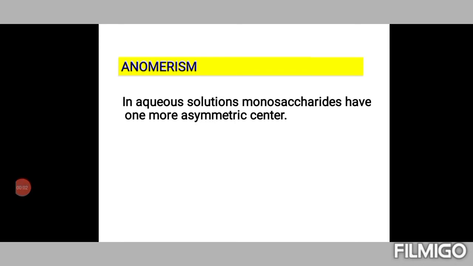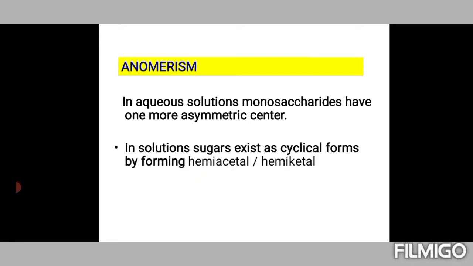And anomerism. This is another kind of isomerism exhibited by monosaccharides. In solutions, monosaccharides have one more asymmetric center, because they are capable of acquiring cyclical forms in aqueous solution. In aldoses, they form cyclical structures through hemiacetal linkage, and in ketoses, through hemiketal linkage.